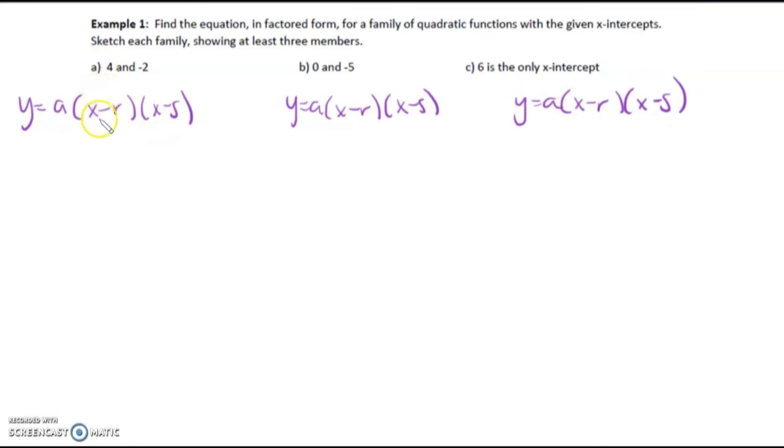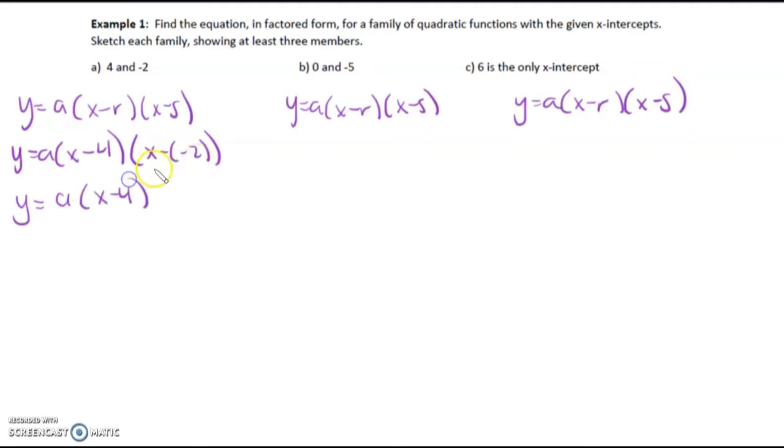For a, we have two x-intercepts, 4 and negative 2. We can sub in 4 to the first bracket for r and negative 2 for s, and we can simplify the negative 2 as x plus 2.